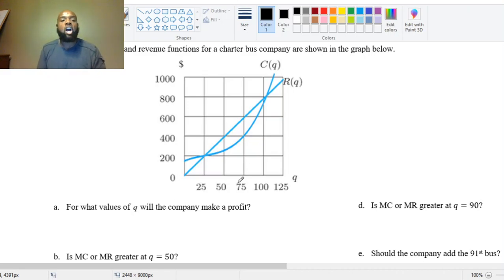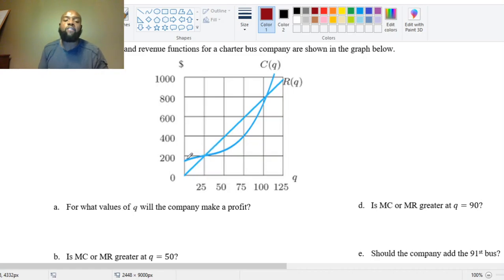All right, so let's look at an example, and then we'll continue with some examples in class or later. It says cost and revenue functions for a charter bus company are shown in the graph below, right? So our revenue function is that line, our cost function is the nonlinear function. It says for what values of Q will the company make a profit, right? The company makes a profit when regular revenue is greater than regular cost.